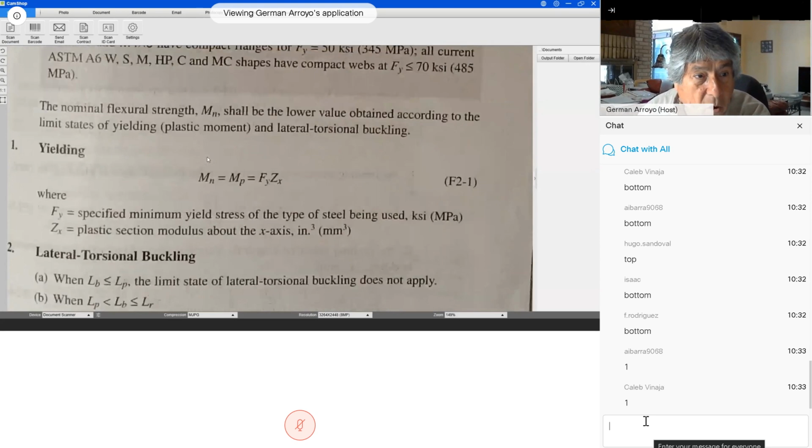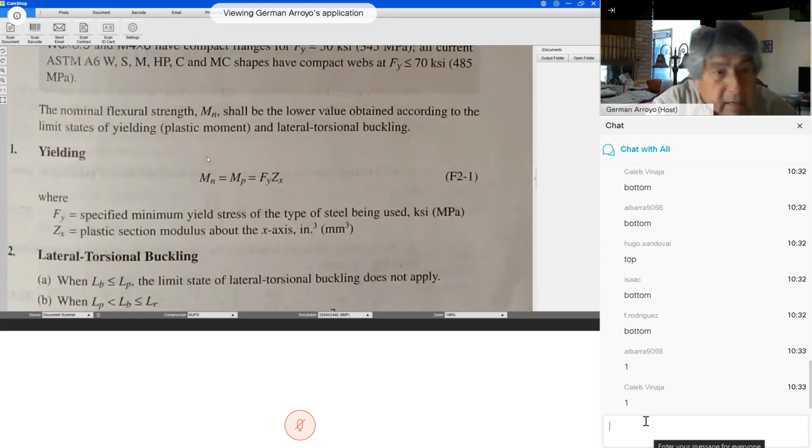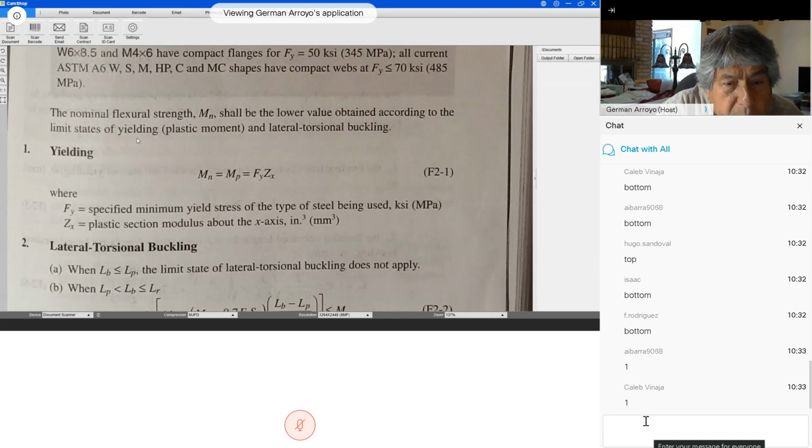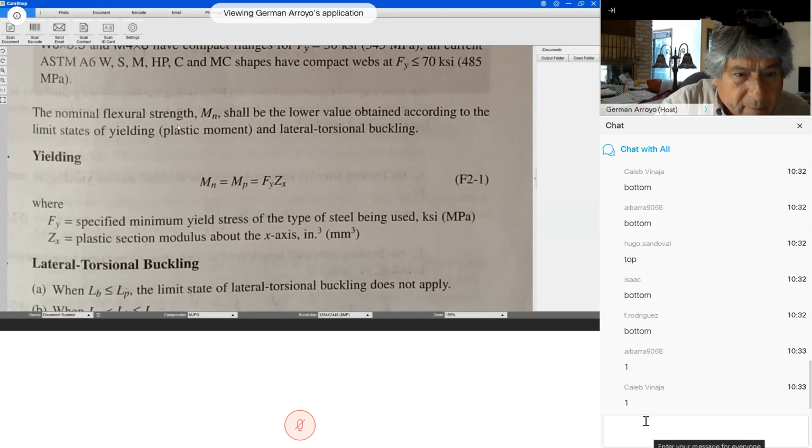Look, in the code, they're telling you that you always need to check for bending two values. You have to check yielding and you have to check lateral torsional buckling. And yielding, between parentheses, put plastic moment.